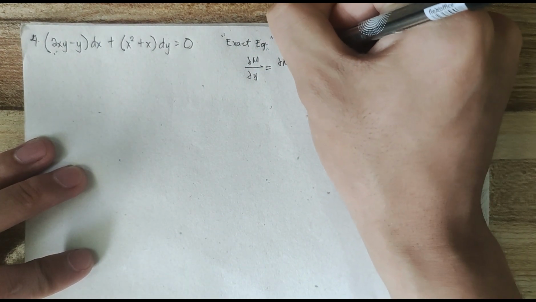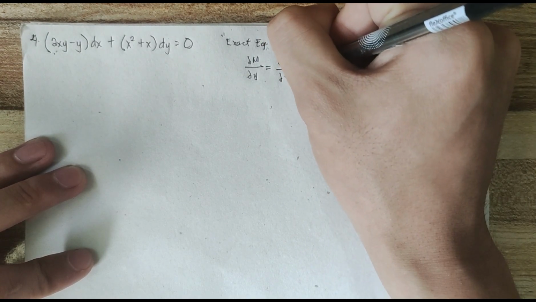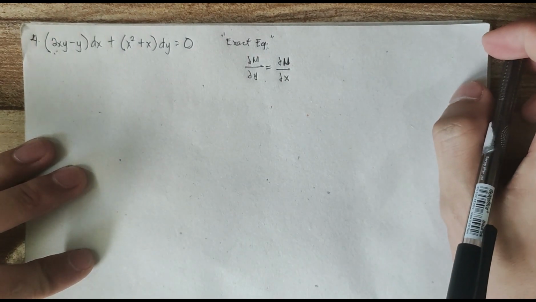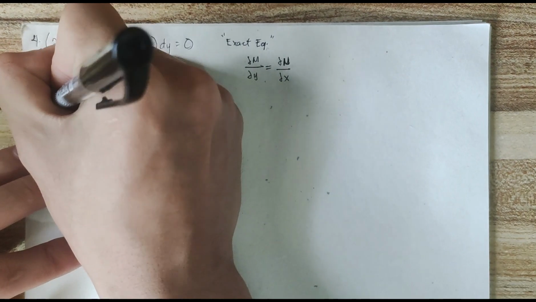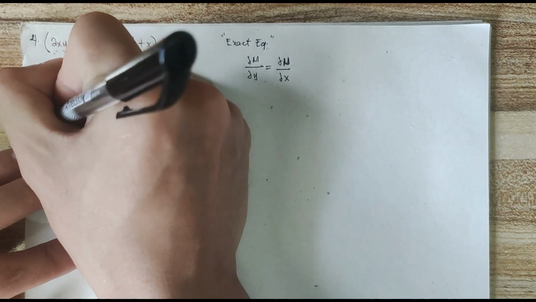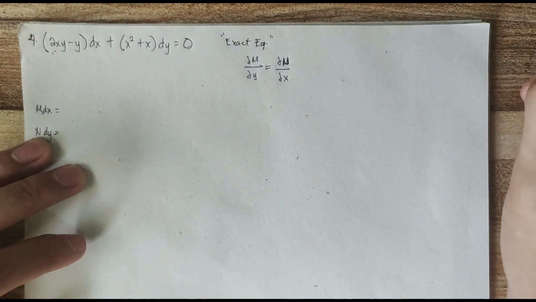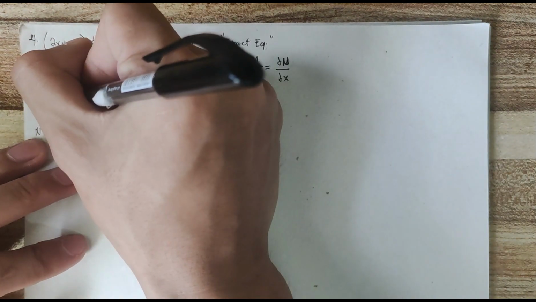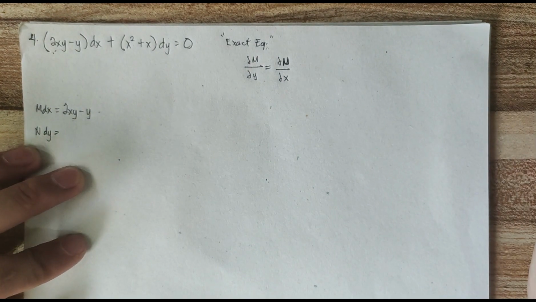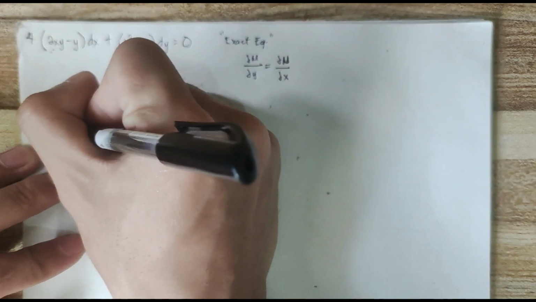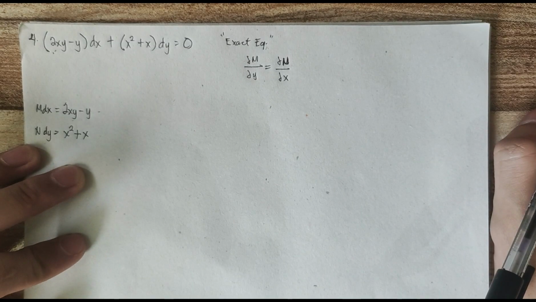The partial derivative of M with respect to y must be equal to the partial derivative of N with respect to x. First we need to find M dx and N dy. M is 2xy minus y, and N is x squared plus x.